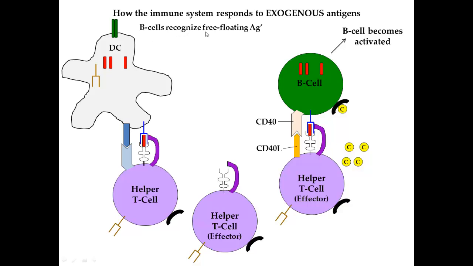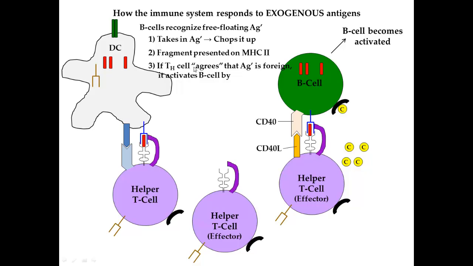B cells are capable of recognizing free-floating antigen. So if there's an exogenous antigen in the environment, that B cell receptor will bind to that antigen, take it in, and chop it up into a bunch of little fragments. Those fragments are presented on an MHC2 molecule to a helper T cell.